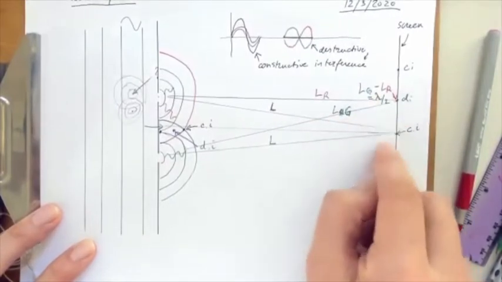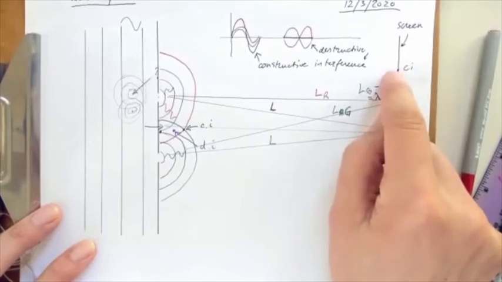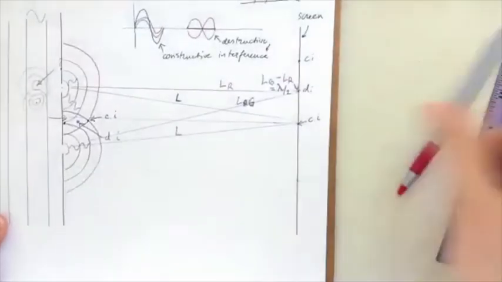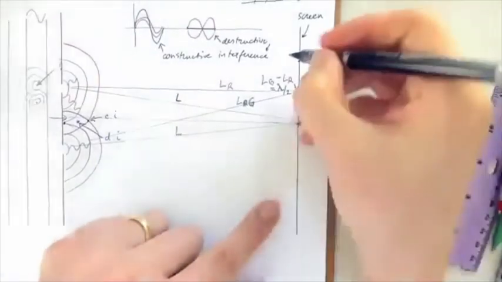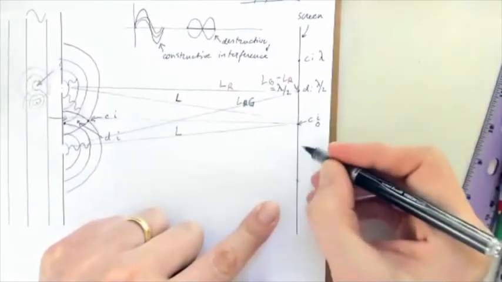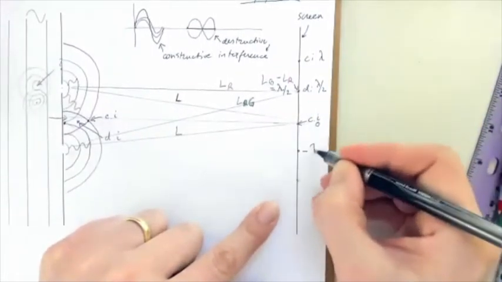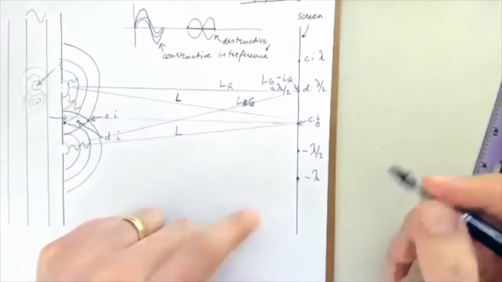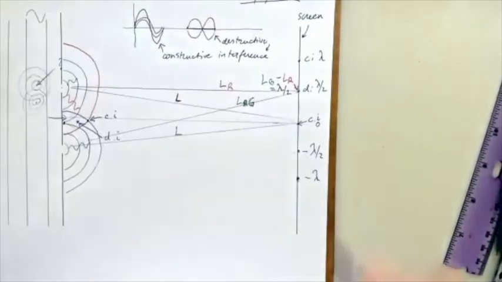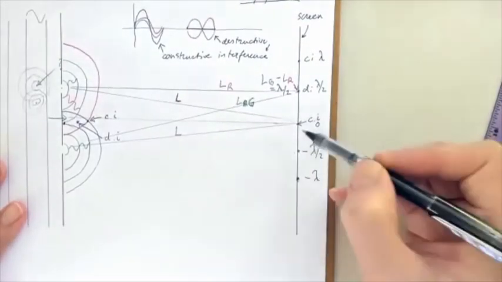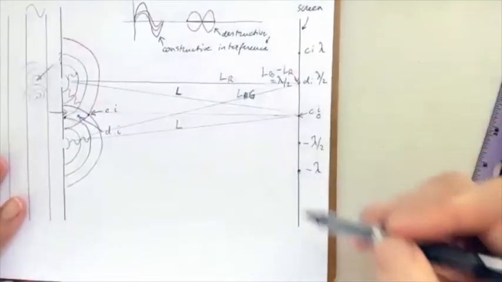By the time we are back to lambda, here it's lambda. So this is lambda, this is lambda over 2, this is 0, and then here we will find minus lambda over 2 if you want to be consistent in your signs. So minus lambda, right? So you'll get a bright spot, dark, bright, dark, bright, dark. Or in other words, on the screen you see bright, dark, bright, dark.